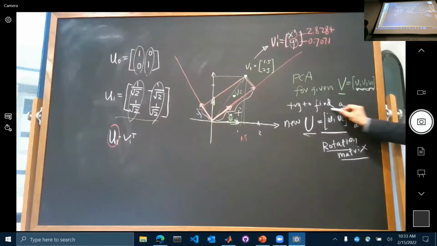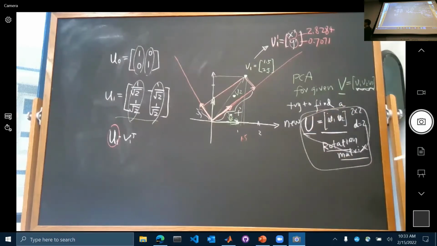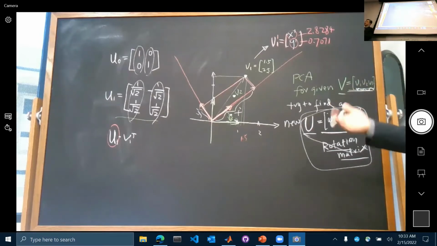We want to find this new rotation matrix to allow the new coordinates of the original data points to be as separated, as large as possible.